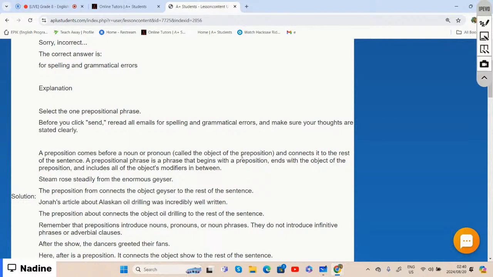All right, and if we look at that sentence, the preposition from connects the object geyser to the rest of the sentence. That is why it says steam rose steadily from the enormous geyser, right?